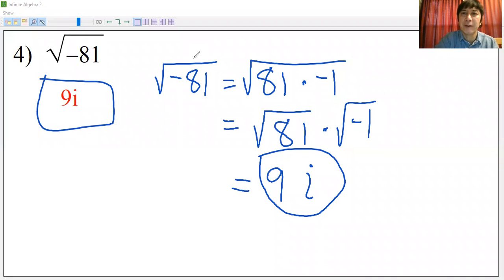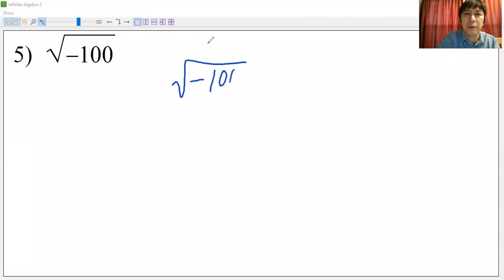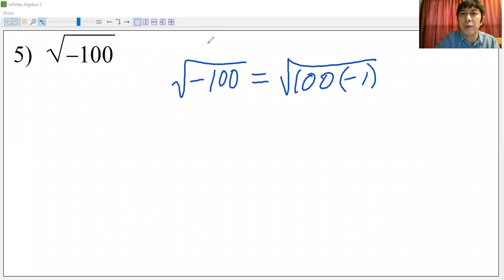Next, number 5. Let's consider the next number. It's number 5. Here we have to simplify square root of negative 100. This is equal to square root of 100 times negative 1. There. And so we have two numbers inside the square root. We have 100 and negative 1.